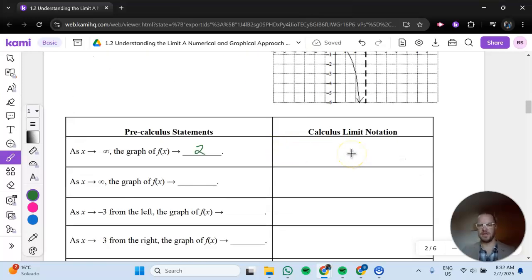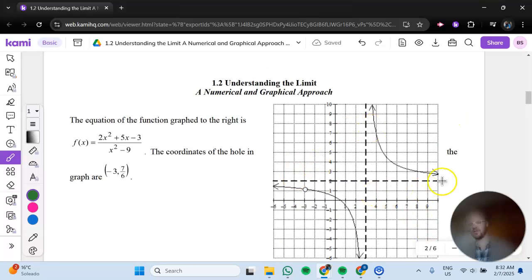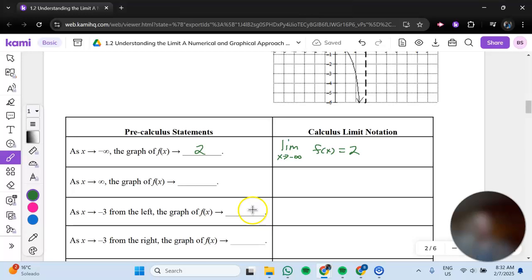Okay, in calculus, we say the same thing, but instead of writing it all out in words, we write it in notation, which is the limit as x approaches negative infinity of f of x equals 2. Now, in this particular case, when it goes off to the right, it's also approaching that horizontal asymptote. So as x approaches infinity, f of x approaches 2, which would mean the same thing for our calculus notation, except that instead of negative infinity, it's approaching infinity.